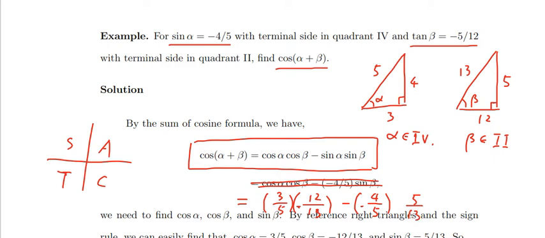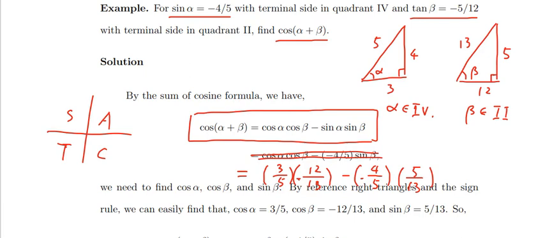This sign is positive, so no negative, right? Then I just put them together. The denominator should be the same, so just 5 times 13.